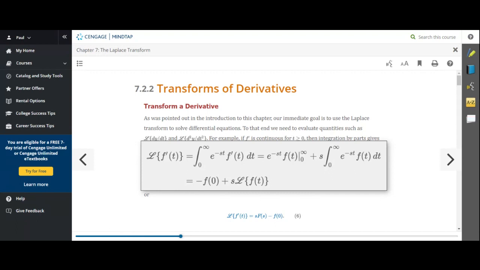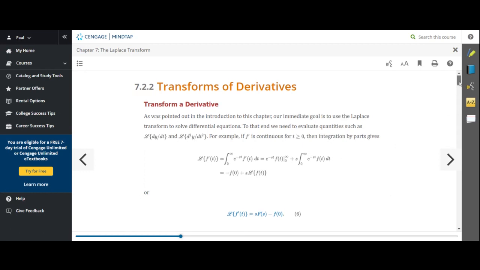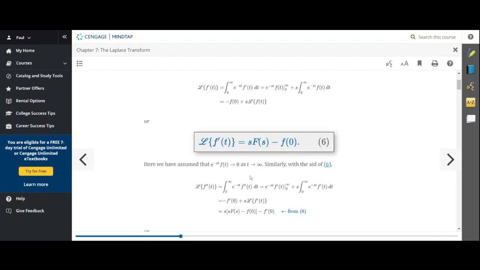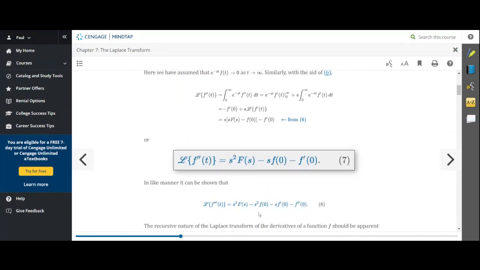They talk about how they use integration by parts and get the result, but I can show a few more details on that. But the point is, the Laplace transform of f prime of t is going to equal s times big F of s, that's the Laplace transform of the function, minus the function evaluated at 0. And actually, we can also take Laplace transforms of higher derivatives.